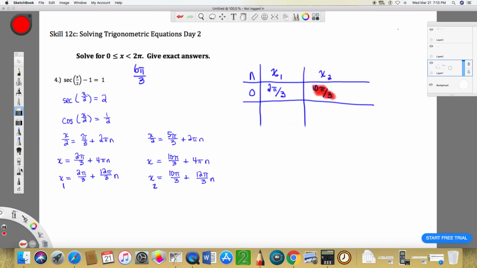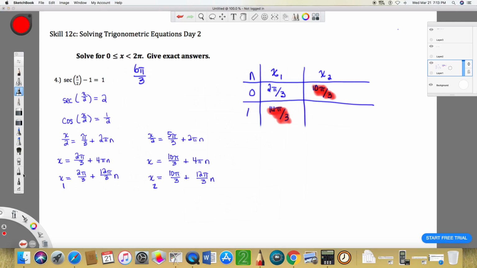And you can easily see, if we let n be 1, then in this first equation, the 2 plus 12, that's 14, and that's definitely bigger than 6 as well. So we're not going to include these two angles. They do satisfy the equation, but they're not between 0 and 2 pi.